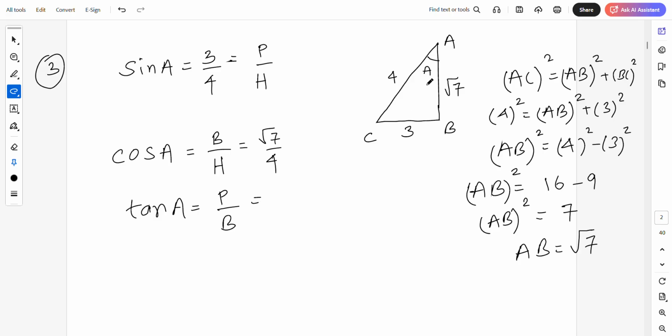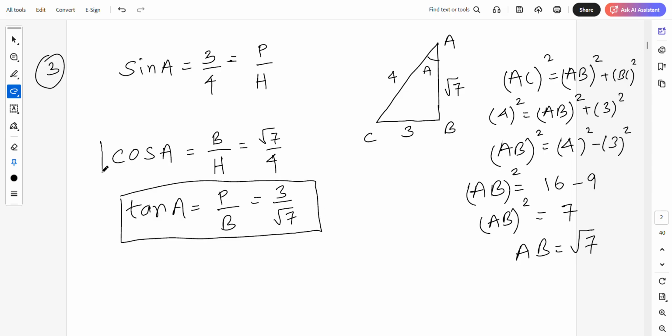Perpendicular is 3, which is opposite to angle A, and the base is root of 7. So tan A is 3 by root of 7. Hope you understood. 3 by root of 7 and root of 7 by 4 is the right answer.